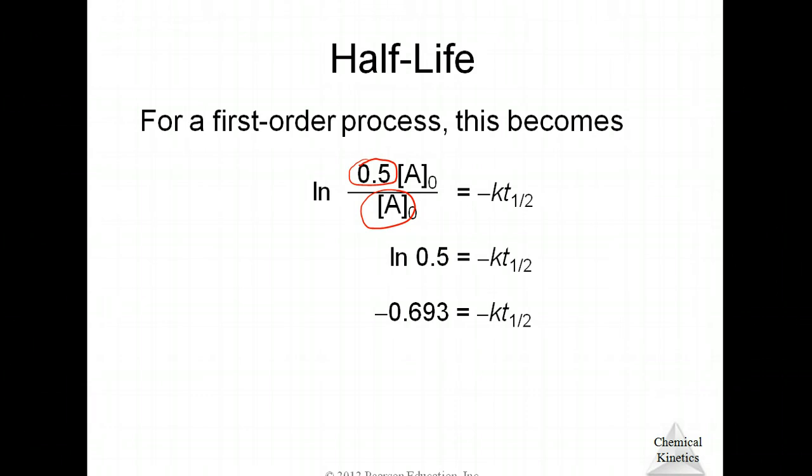If we take a look at the math process in here, we end up with canceling the a sub zeros out. It's the natural log of 0.5, which gives us this value here. One last little change is how long does it take? What is the half-life? It is simply the rate constant divided into 0.693. And again, where does 0.693 come from? It comes from the natural log of 0.5.